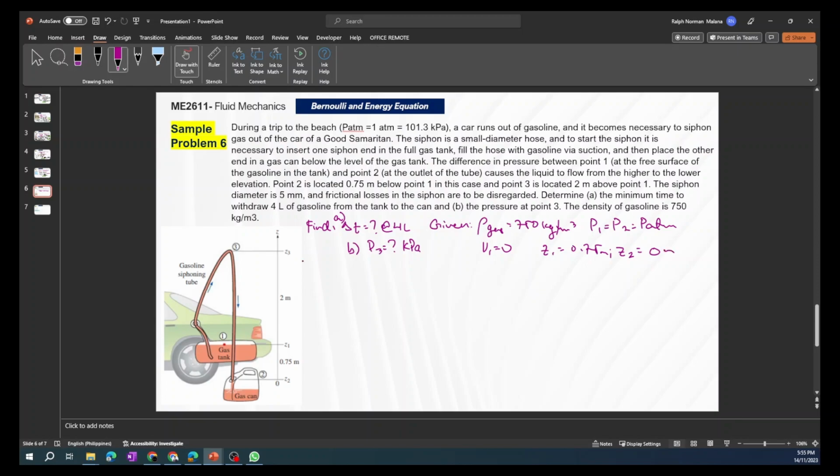So from here, we can build our Bernoulli equation. Again, in head form: P1 over rho g plus V1 squared over 2g plus Z1 equals P2 over rho g plus V2 squared over 2g plus Z2.